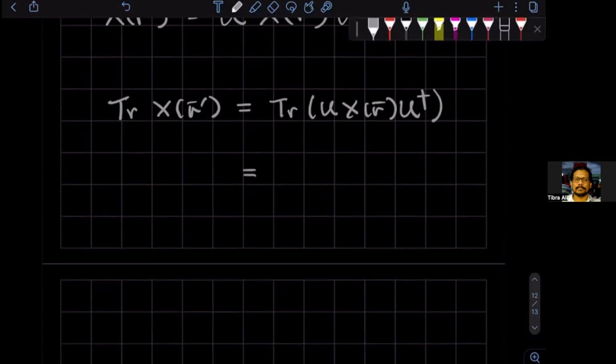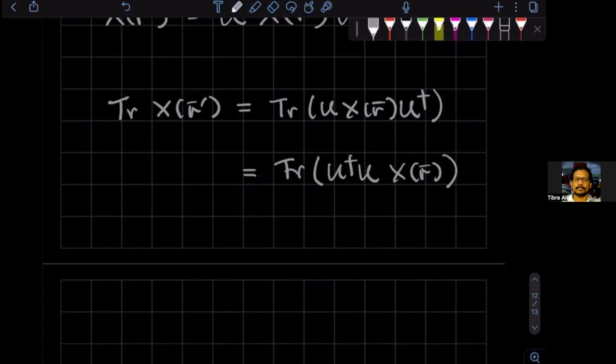So now if I use the cyclic property of trace, then I get trace of U dagger U X of R. So, this is traceless. So that means that, well, let me put it this way.